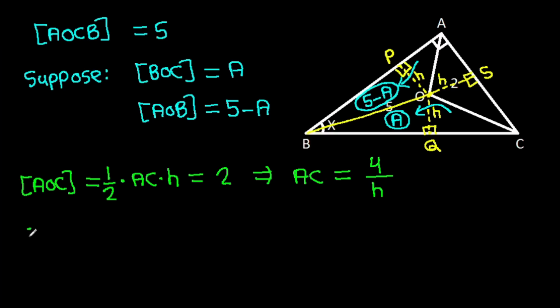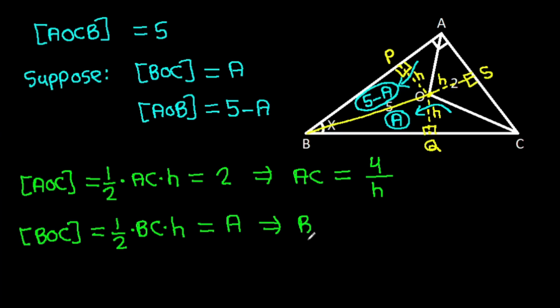Area of BOC is 1/2 times base BC and height OQ, that is h, and it is A. That means BC will be 2A over h.